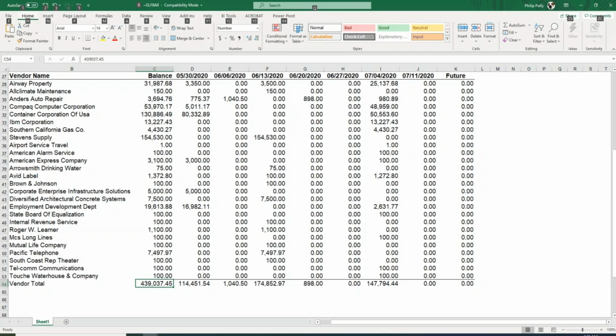Expected cash disbursements for most businesses come from two sources: the outstanding vendor invoices, and payroll and related expenses such as taxes and benefits. As we mentioned with cash receipts, if there are any additional cash disbursements not listed above, they should also be included.